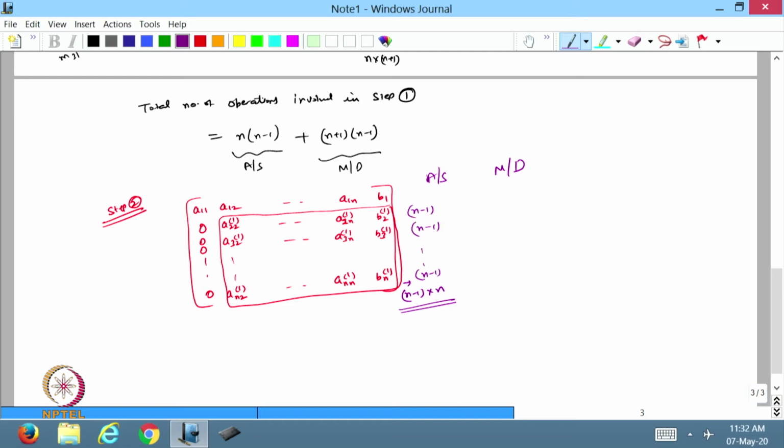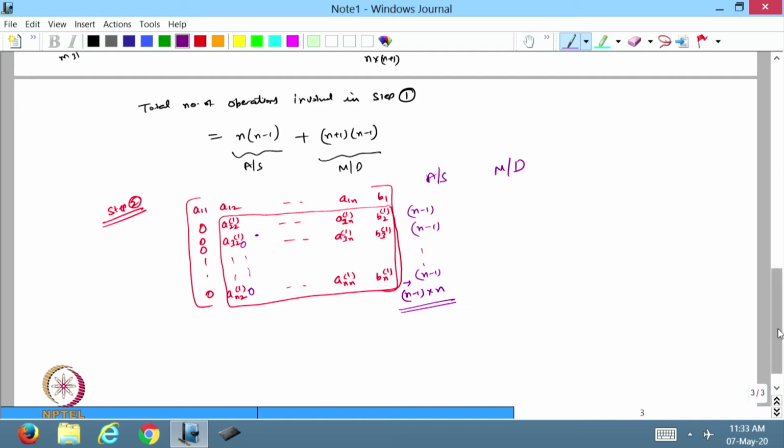So, now n minus 1 additions, because now what I am doing is making this element 0 and all these elements 0, and the next element will be addition and then multiplication, addition and multiplication and so on.